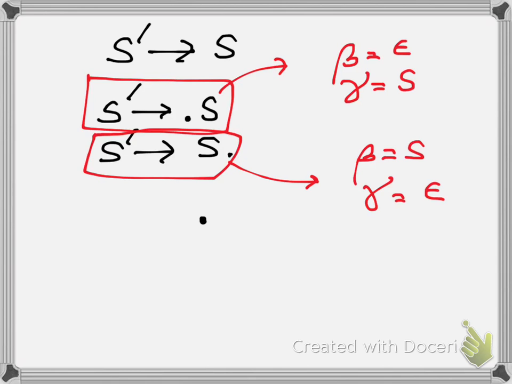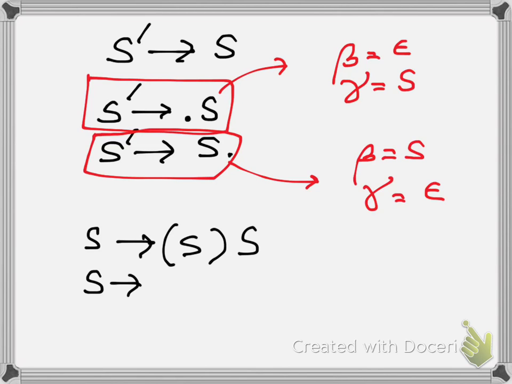Let us take another one, say S derives (S)S. Here this is another production. What would be my items? I'll start from the beginning, where I have not seen anything.